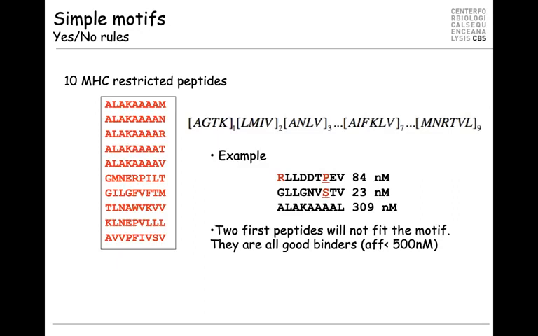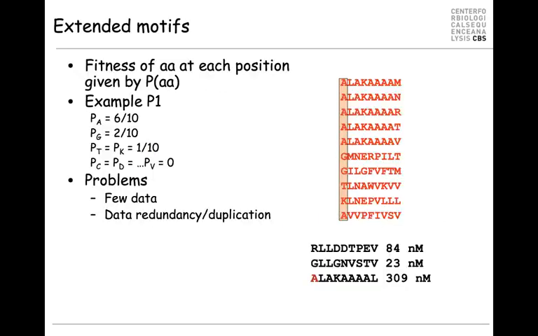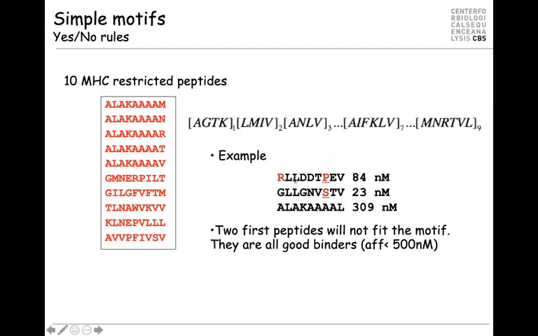Okay, sorry. Another way to show that this really doesn't work very well: if you have these three peptides shown on this slide, with the measured binding affinity to my receptor, where a low value means a strong binder and a higher value means a weaker binder, then applying the rules from the regular expression on top, the first peptide will not match, because there's not an R at P1, so it becomes a non-binder.